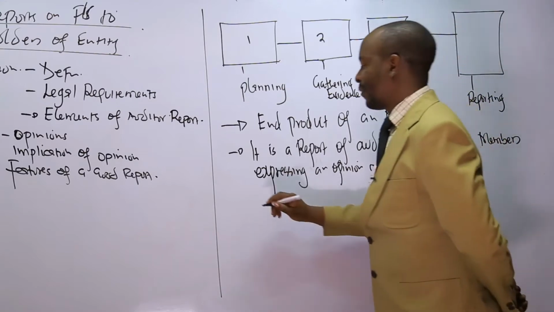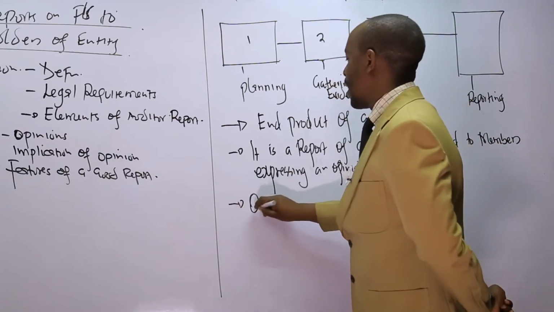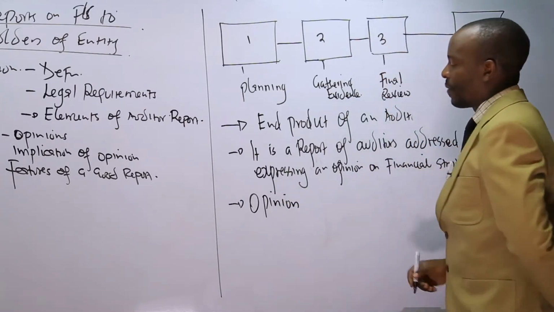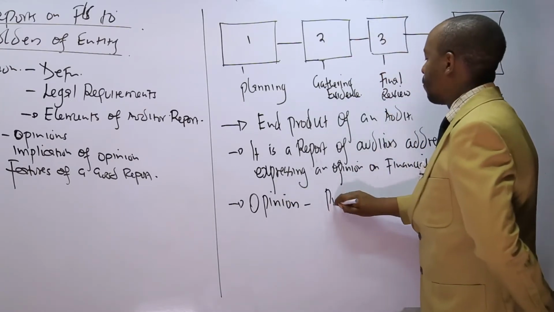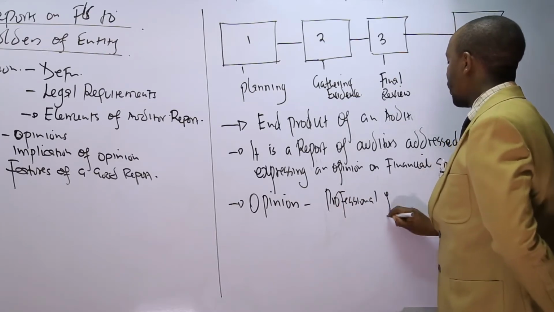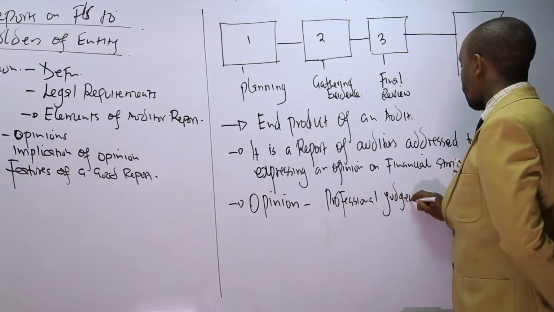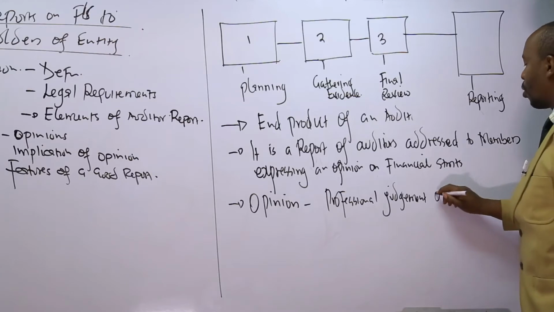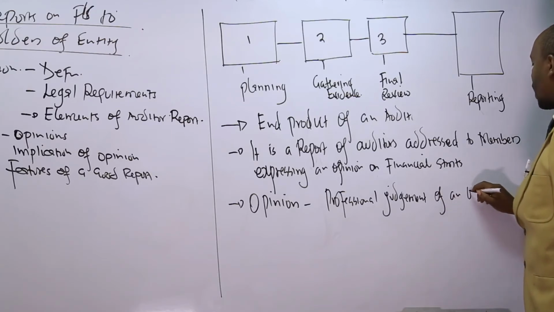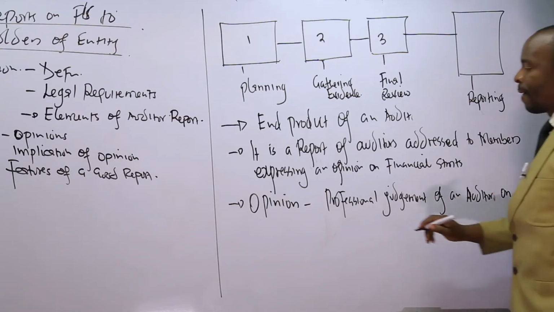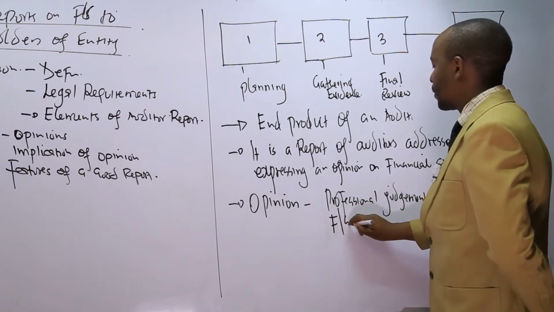But there is something that you need to note, which we refer to here as the opinion. When an auditor is giving an opinion, we refer to that as a professional judgment, the professional judgment of an auditor on financial statements.